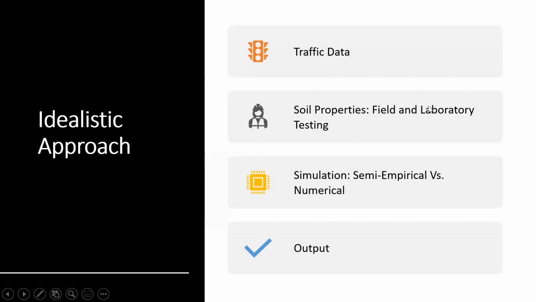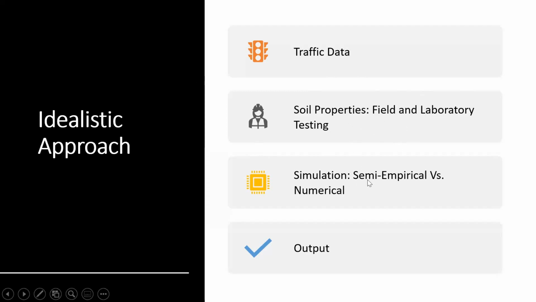You can achieve these by developing a proper field and laboratory testing program. So know what you're doing, know what you're looking for, and select the samples that would be representative of your site so that you can have a better judgment on what type of material you're dealing with.